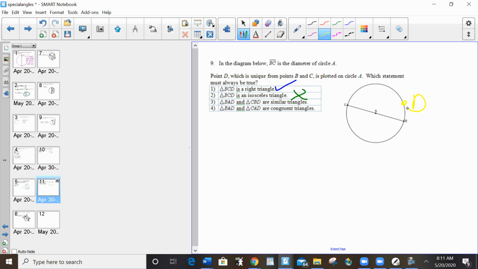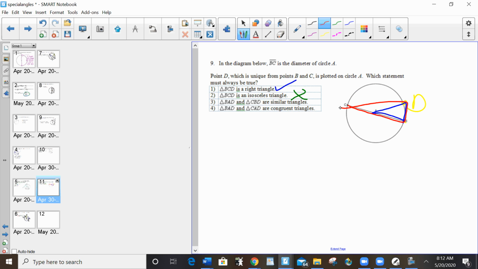All right, choice 3, BAD and CBD are similar triangles. This is where it gets a little tricky. Again, we know what our answer is at this point, but I'd like you to go through all 4 choices, but it is going to get a little tricky at this point. BAD and CBD are similar triangles.